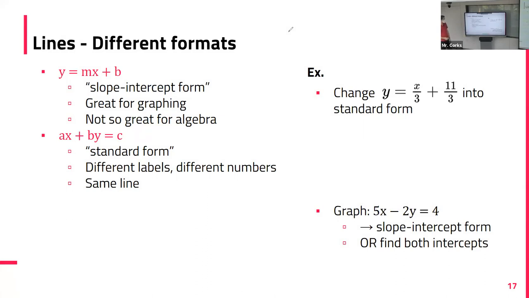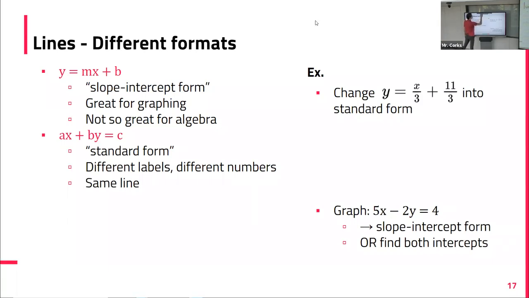All right, next part. We'll talk about different forms of equations of lines. We had this one, which we've just been doing a lot with. This is the slope-intercept form because it tells us a slope and an intercept.